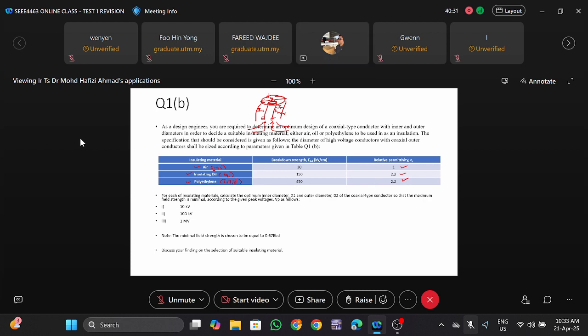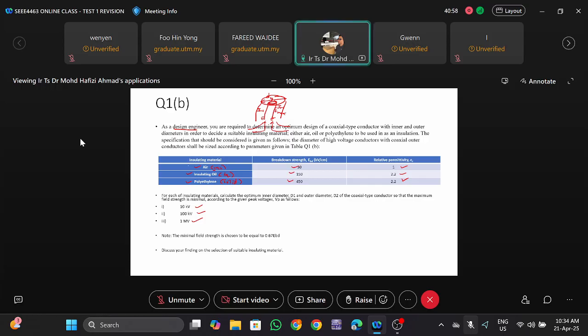As a design engineer, according to your calculations and the applied voltages here, 10 kV, 100 kV, and 1 megavolt, you should design a suitable thickness so that the electric field does not exceed this value.